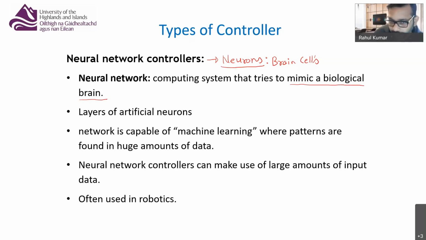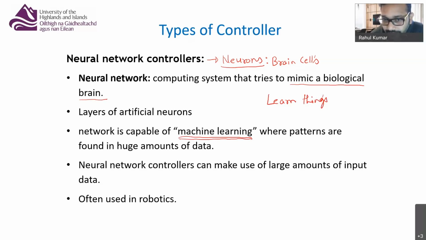The human brain has the ability to learn something, right? So this neural network controller also has this ability to learn new things, which is called machine learning, or an extension is artificial intelligence, right?